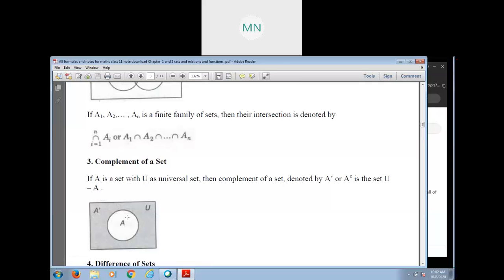Okay. Suppose U is 1, 2, 3, 4, 5, 6, 7, 8, 9, 10, and A is 1, 2, 3, 4, 5. Now tell me, A complement is what?